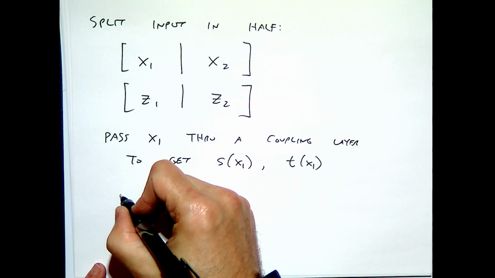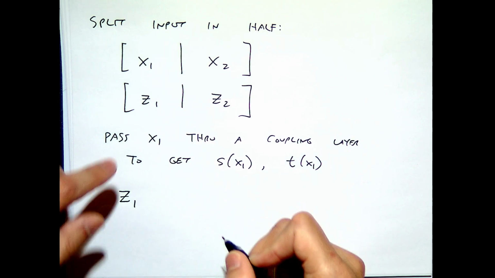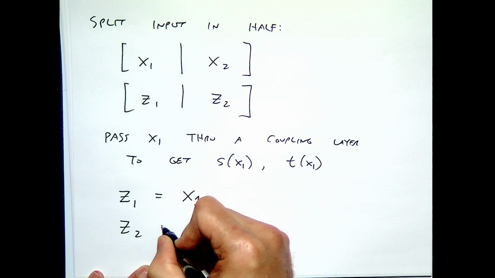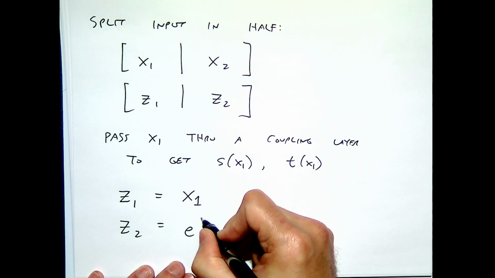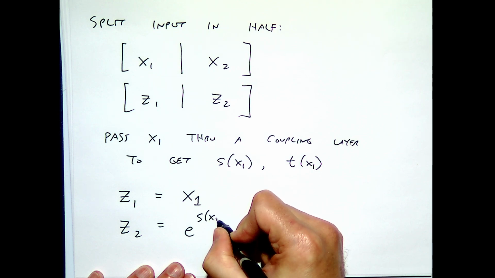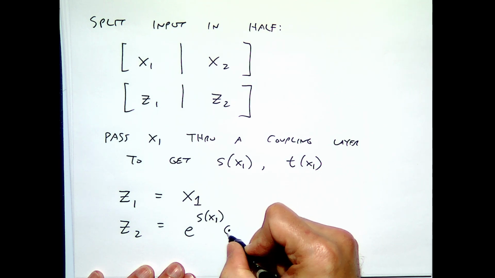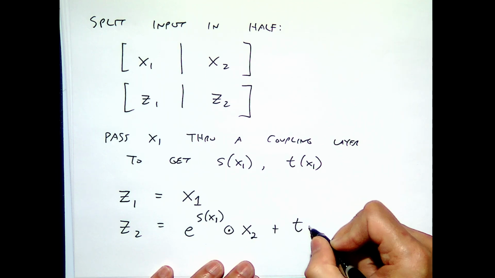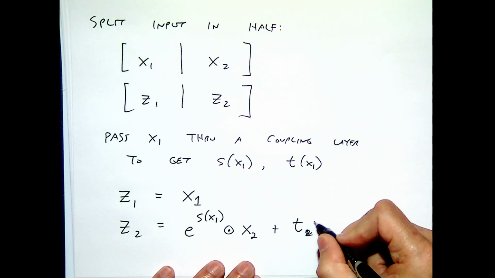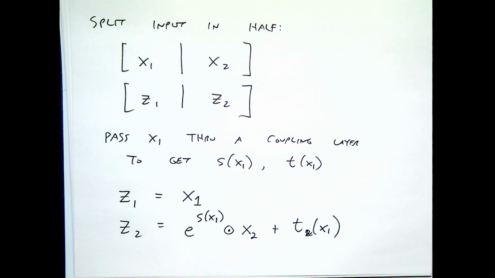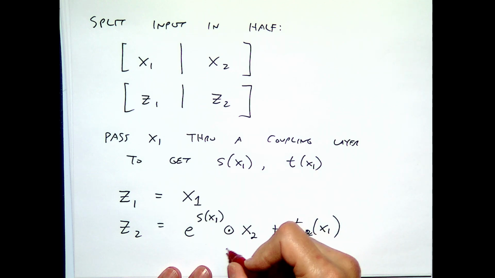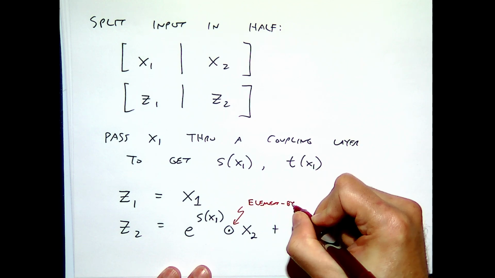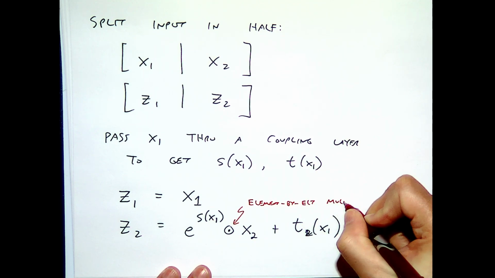And then I'm going to make a transformation that says, okay, z1 is going to be x1, z2 is going to be e to the scale factor, element by element multiplied with x2, plus this translation. So here, this is just element by element multiplication.